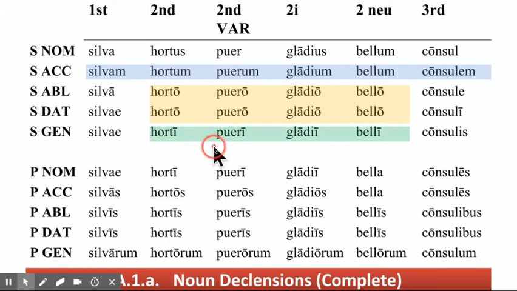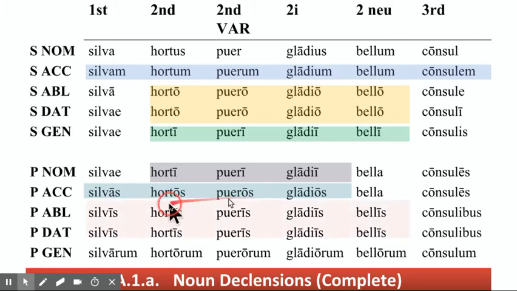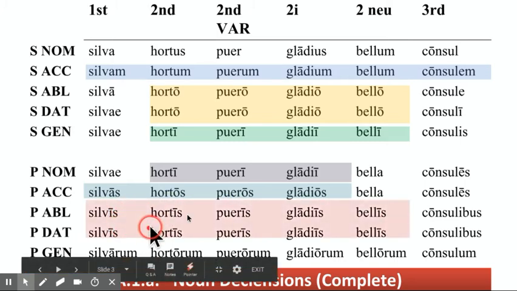Then we have the long I in the nominative plural, right? So instead of just horti, now it's pueri, gladii. Long AS or long OS for the plural accusative. Long IS for the plural ablative and plural dative. That's a nice big long chunk.